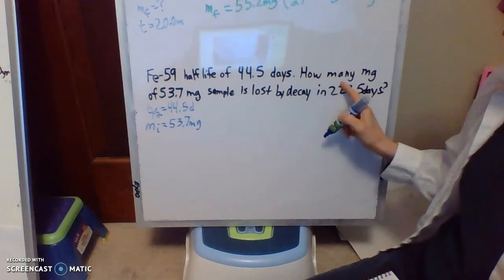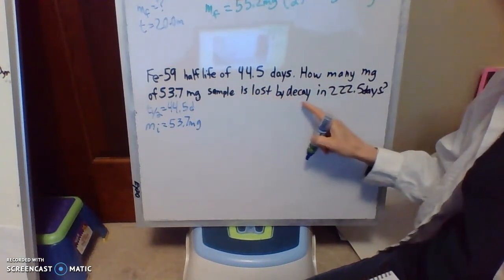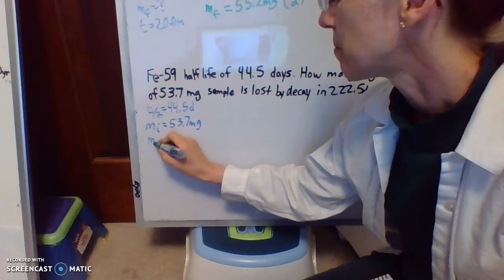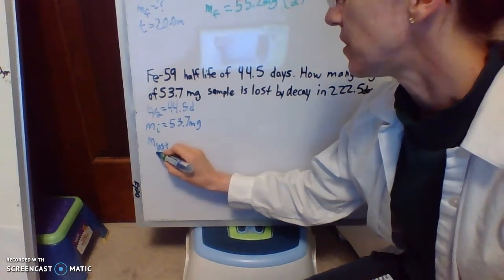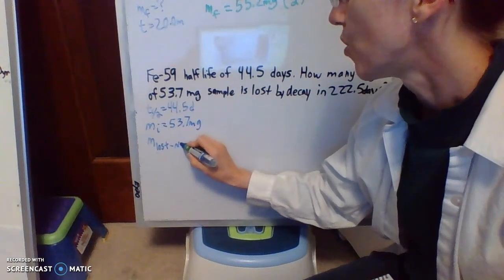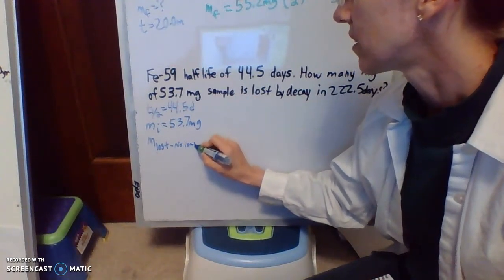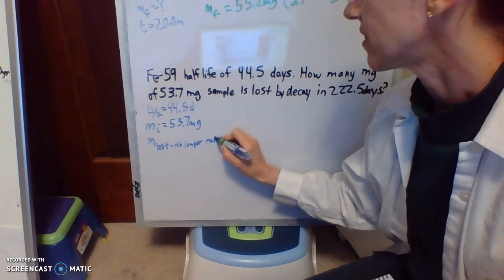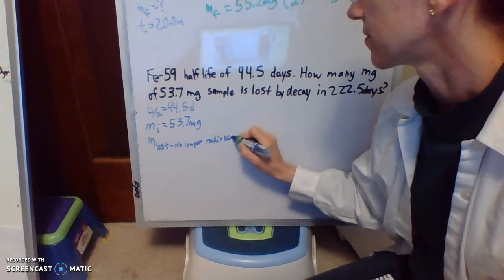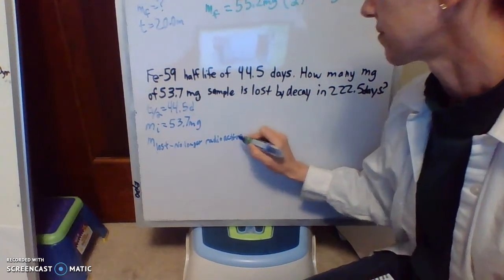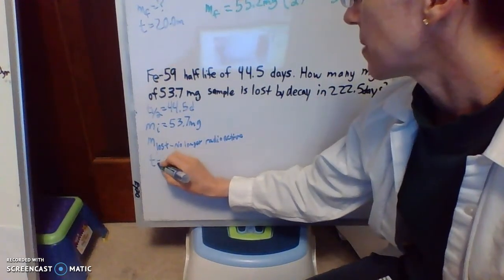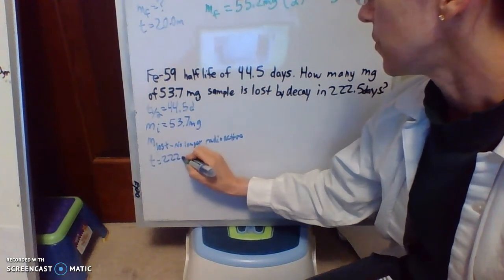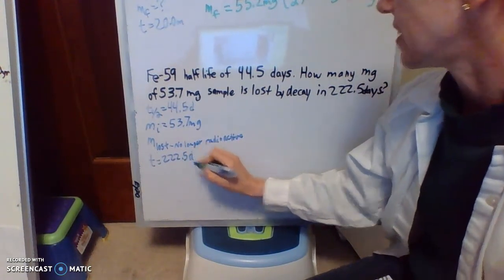And we're asked for how much is lost by decay. So we want the mass that is lost, that is the mass that is no longer radioactive, in this time period. So our time happens to be 222.5 days.